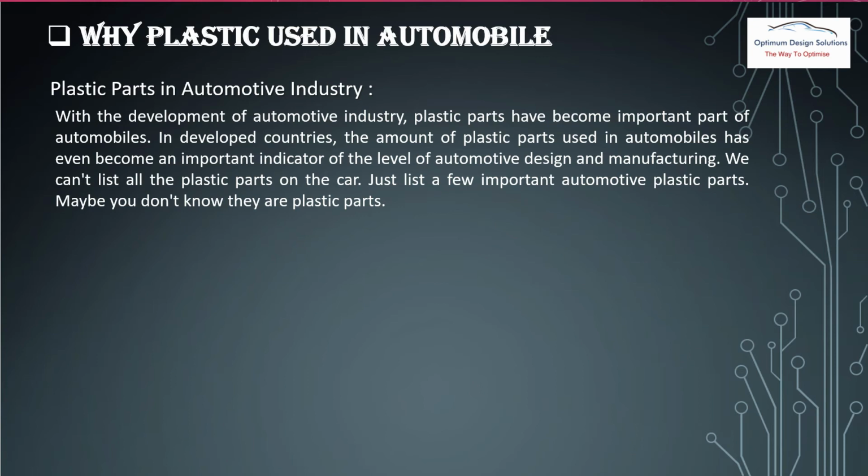With the development of the automotive industry, plastic parts have become an important part of the automobile. In the developed countries, the amount of plastic parts used in automobiles has become an important indicator of the level of automotive design and manufacturing.